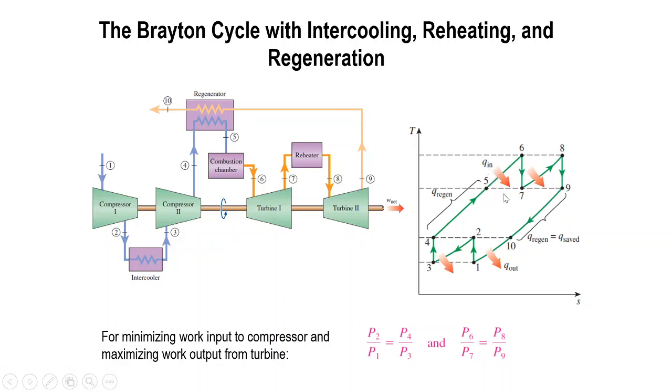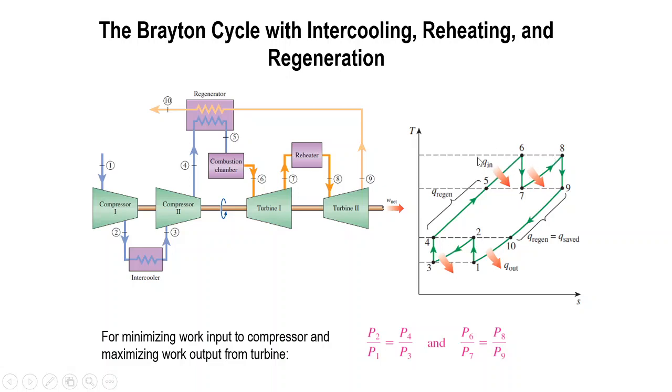Point 5 is the regeneration, so the Q regen is at point 5. The total heat added is at points 5 to 6, and also 7 to 8. This is the reheater, so heat is added at these two points.